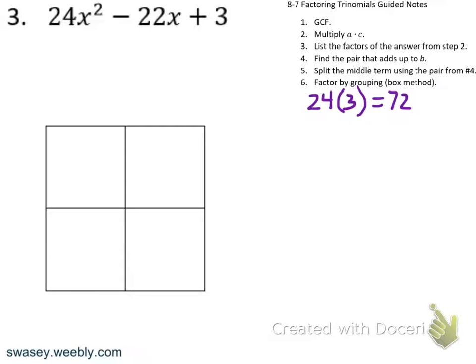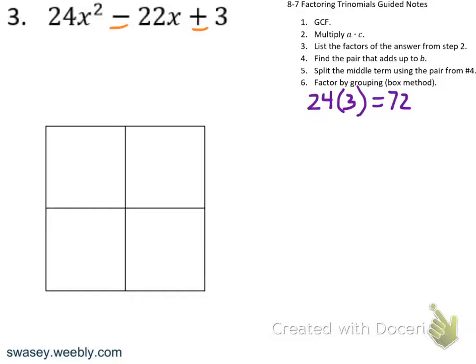Now, if this sign is positive, then they're both going to be the same sign. If they're the same and they add up to a negative, then they're both negative. So when we consider our factors of 72, they're both going to be negative.